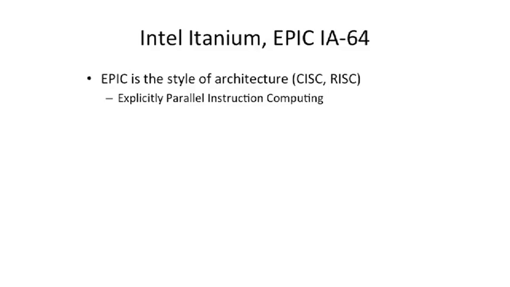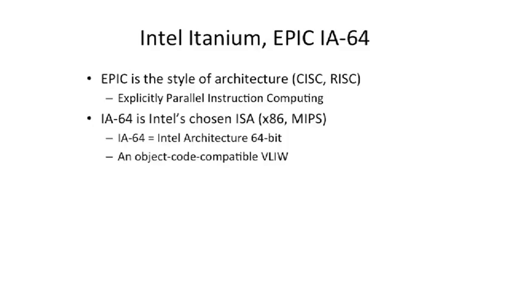And this was going to be their 64-bit solution to computing. So it's a modern, non-classical VLIW. And this was going to be Intel's chosen ISA. They were going to deprecate x86 and choose IA64 as the 64-bit ISA.